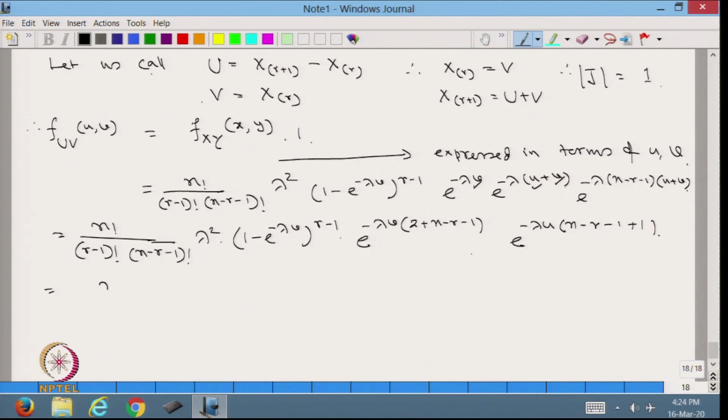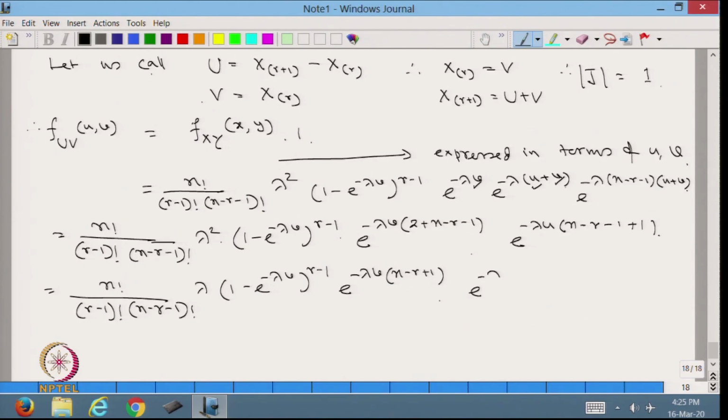That is equal to n factorial upon (r minus 1) factorial (n minus r minus 1) factorial, lambda, (1 minus e to the power minus lambda v) to the power r minus 1, e to the power minus lambda v to the power n minus r plus 1, multiplied by (e to the power minus lambda u) to the power n minus r.